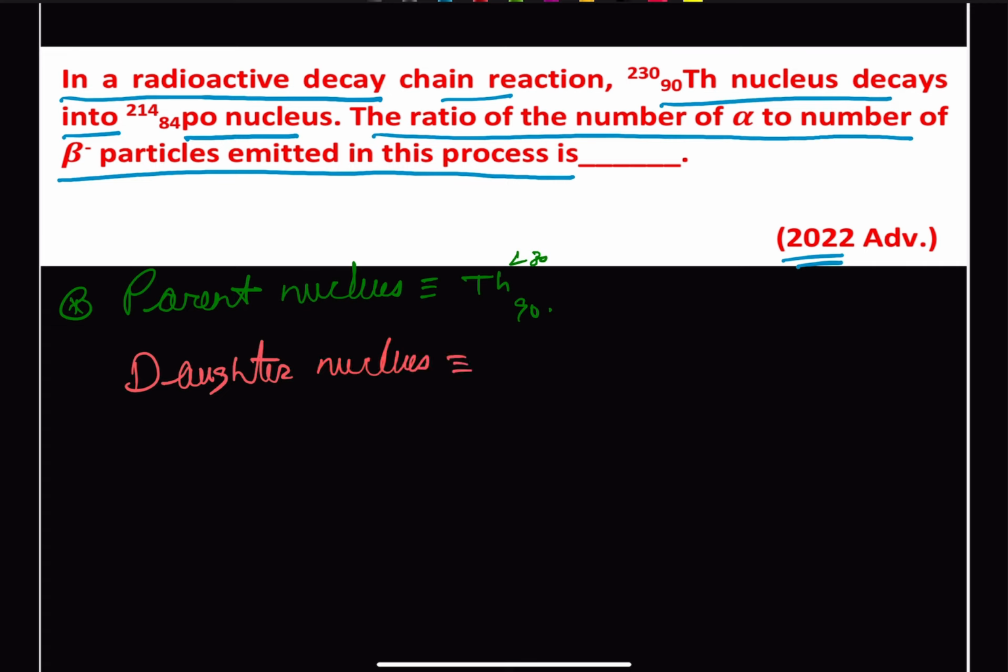and that daughter nucleus is our polonium, and that is 214 and 84. So we have to find out the alpha particle as well as beta negative particles. So first of all, let's find out what will be the change in the mass number and atomic number.